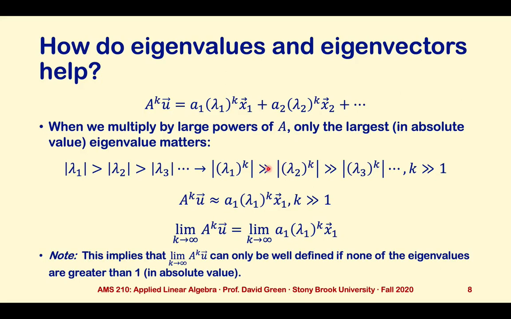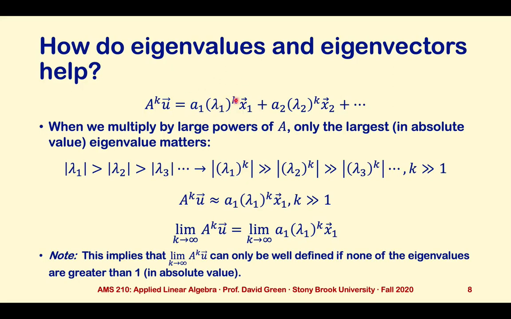A double greater than symbol means much greater than. So we end up, when k is a lot bigger than 1, small differences become amplified, and that means that this first term becomes a lot more important than the other.